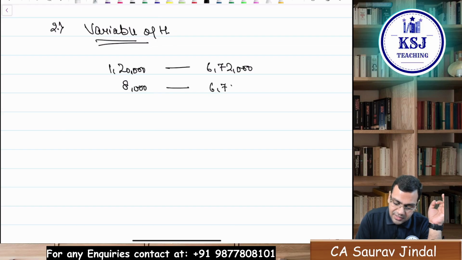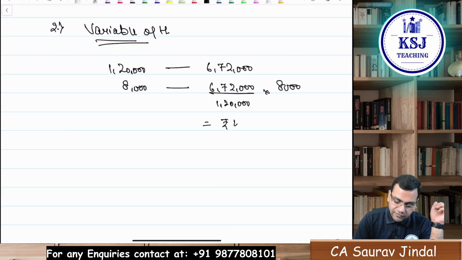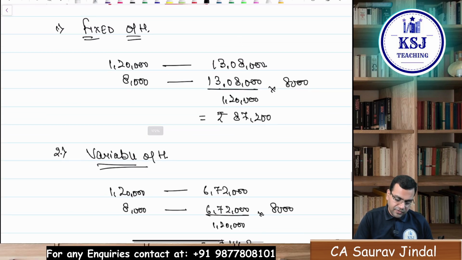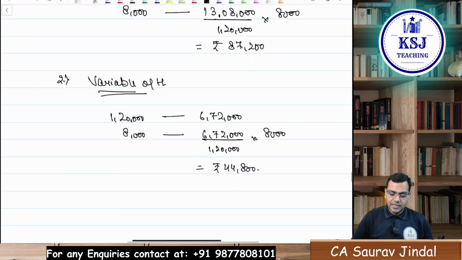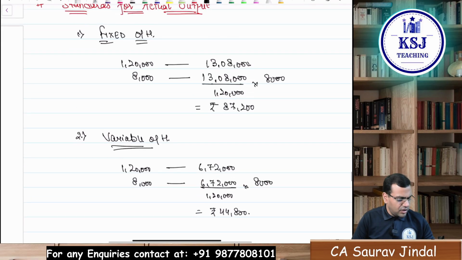So 6,72,000 divided by 1,20,000 multiplied by 8,000 gives your standard cost for actual output. That comes to rupees 44,800. Right? So this is the standards for the actual output. Is that clear, everyone? Okay, so now can we move on to the MCQs?